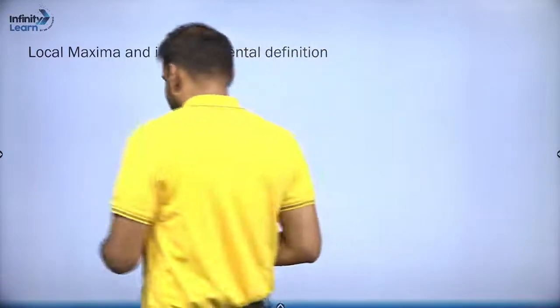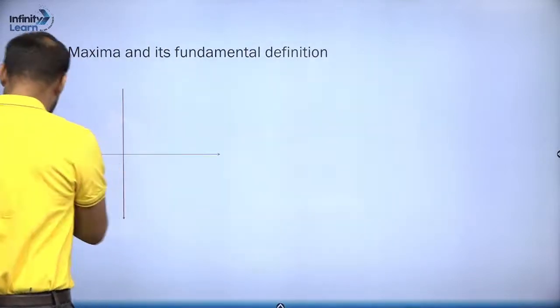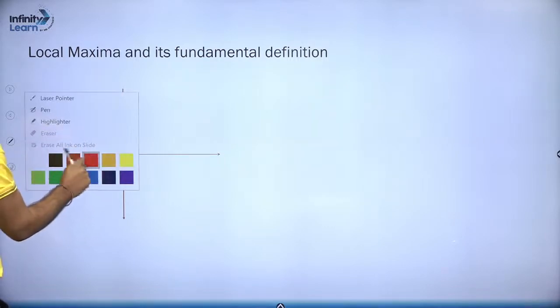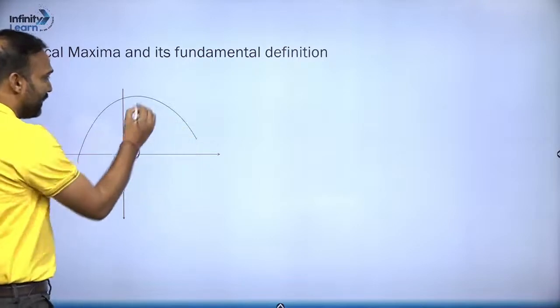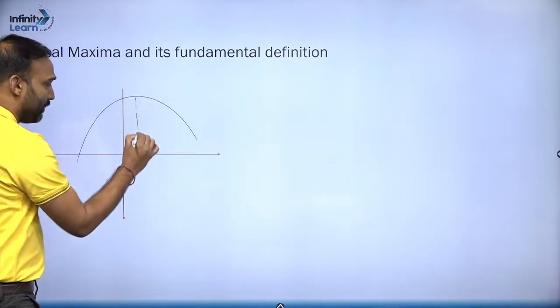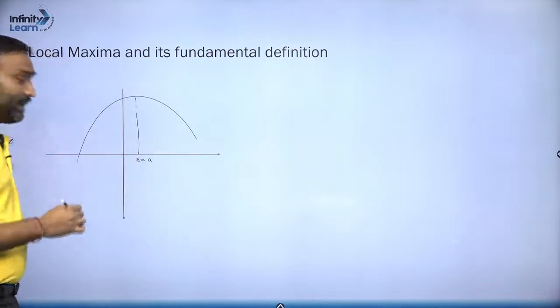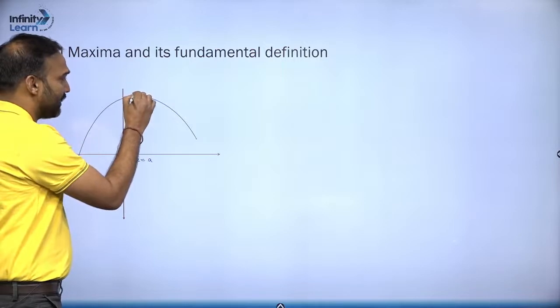Let us understand this graphically. Over here, let's say I draw a graph. Let us pick the purple color. Let's say I have this graph and I am talking about this particular point, x equal to A. At x equal to A, I have some value over here.